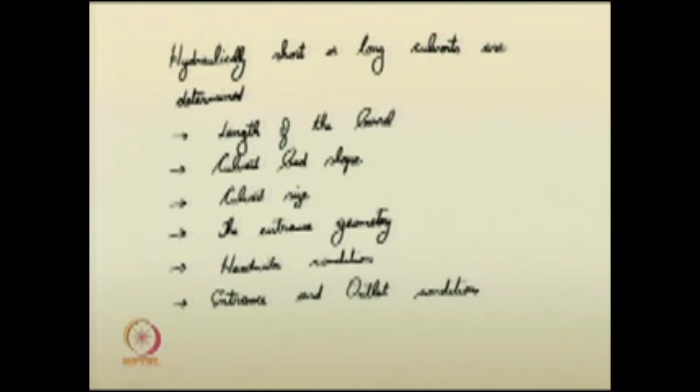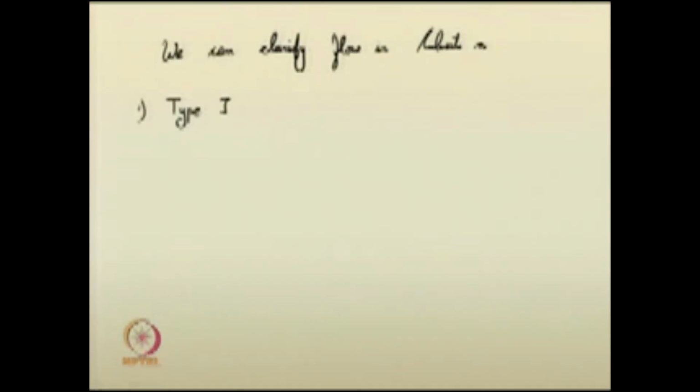Based on this, we can now classify flow in culverts. One is type 1.